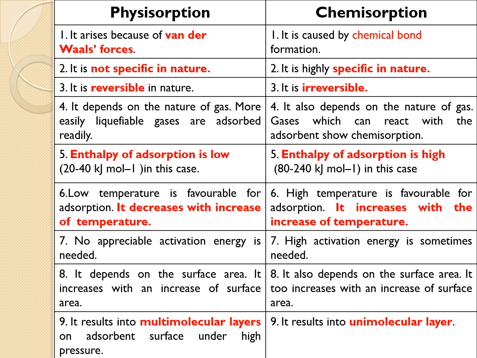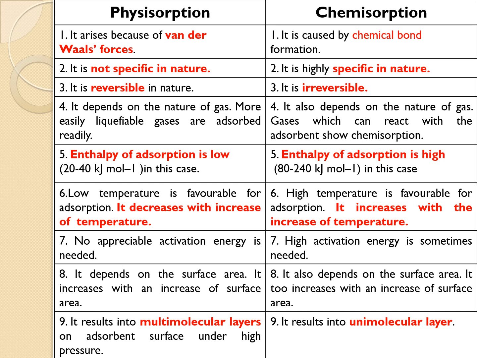Now let's see enthalpy of adsorption. It is low in physisorption, whereas high in chemisorption, and the value is 20 to 40 kilojoules per mole in case of physisorption and 80 to 240 kilojoules per mole in case of chemisorption.